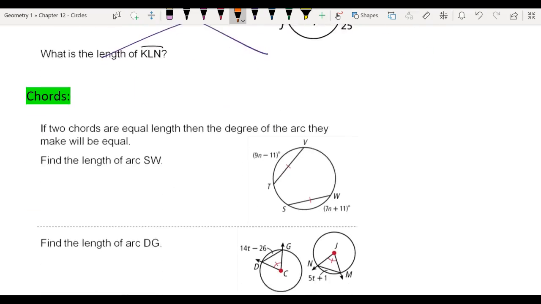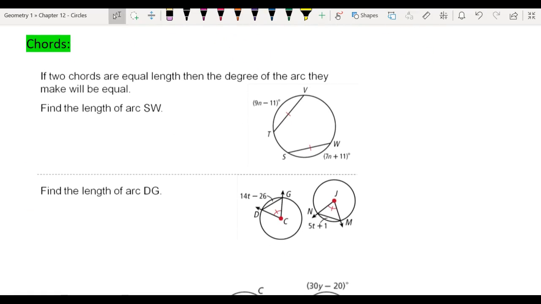So, next we're going to talk about chords. And we're only going to do this first one. That's all they wanted last hour. So when it comes to chords, the first type that they're going to give you is they're going to tell you maybe this is 100 degrees, maybe this is 10, this is 10, and they're going to ask you what that is.